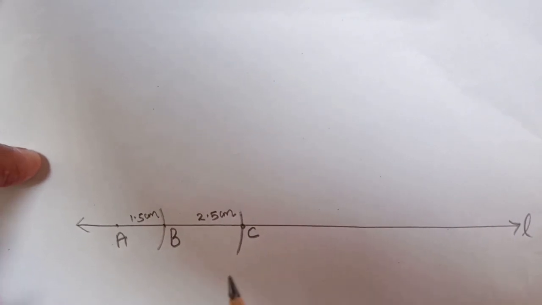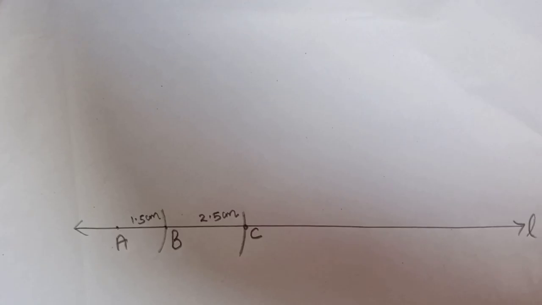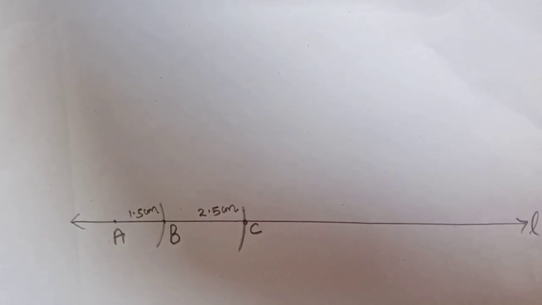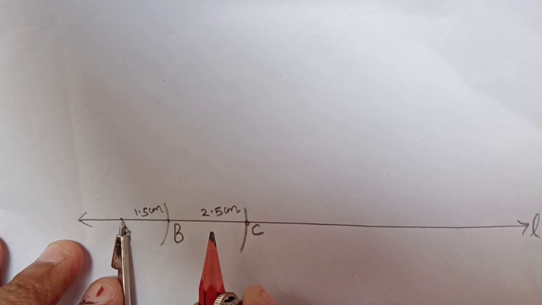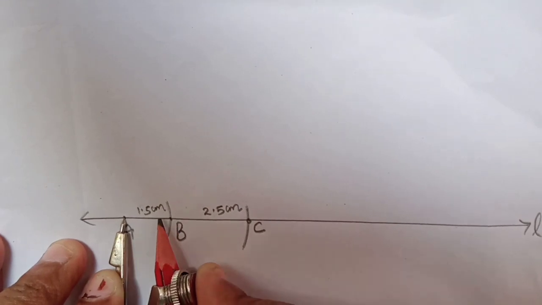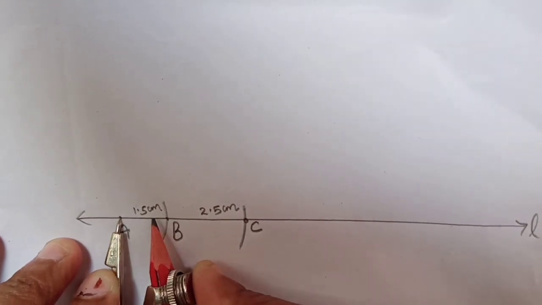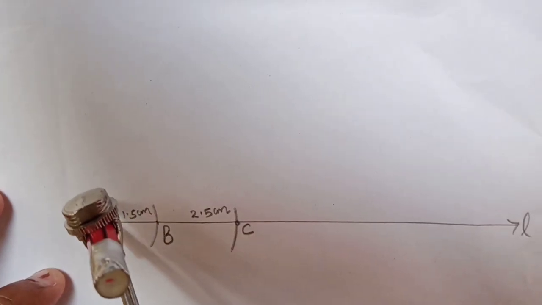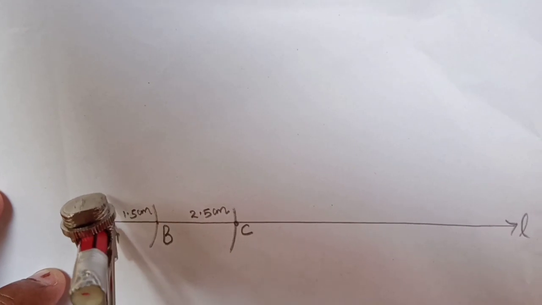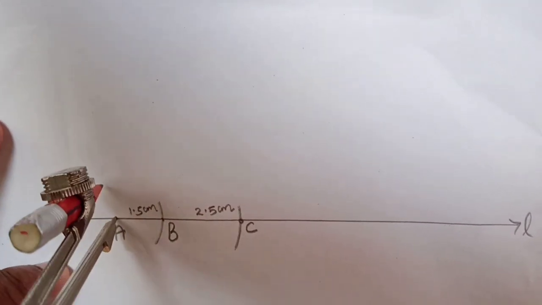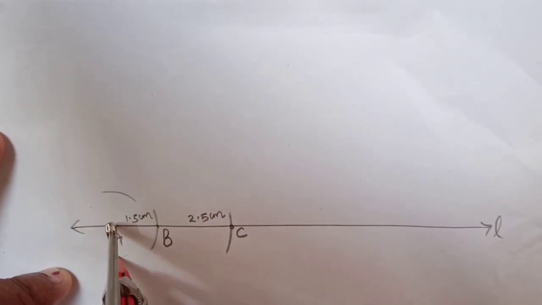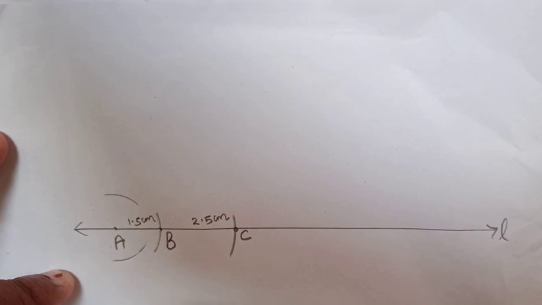Then option B. Construct the perpendiculars PM and QN of AB and BC. Take more than half of the length of AB by using your compass. More than half means this is more than half. Using your compass with A as center, draw two arcs above and below of line AB.